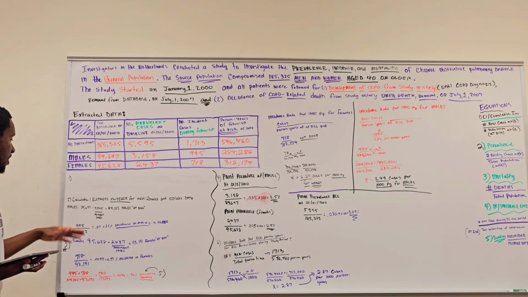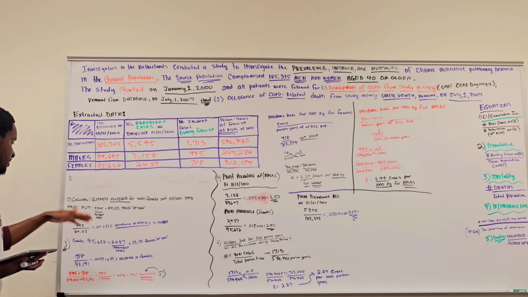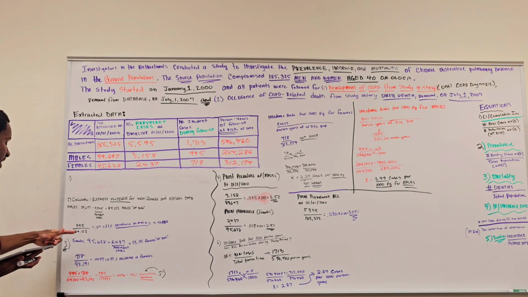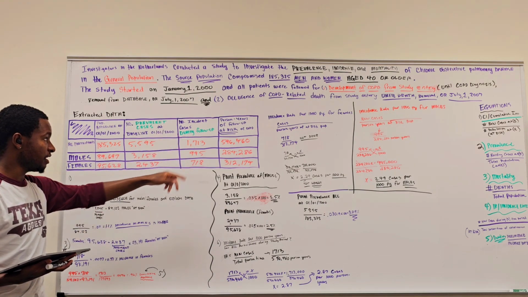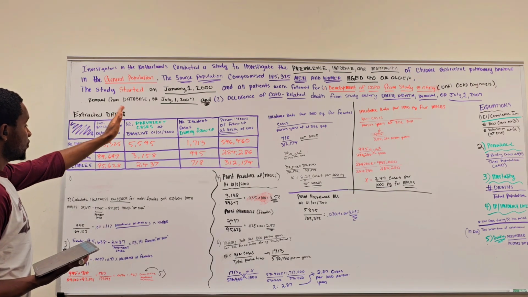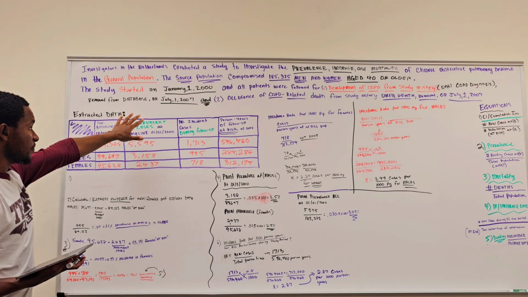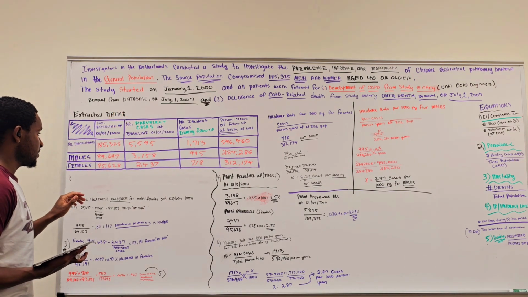And so all you do, you slap that 84,000 as your denominator, and then you just pull down the number of incident cases during the follow-up period, which was from January 1st, 2000, all the way to July 1st of 2007.